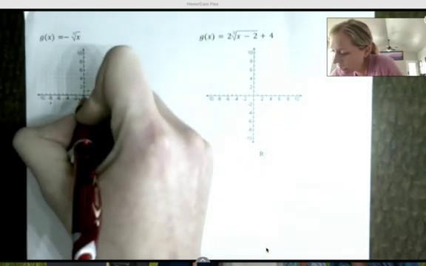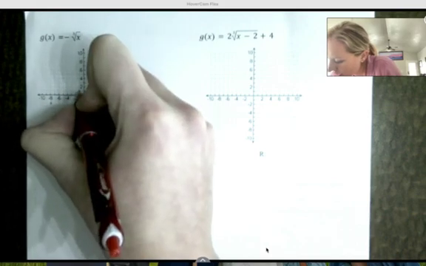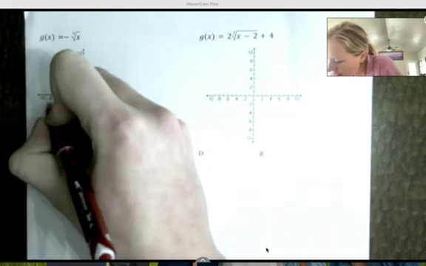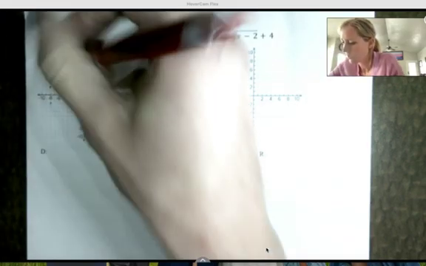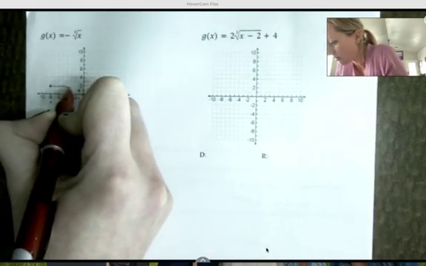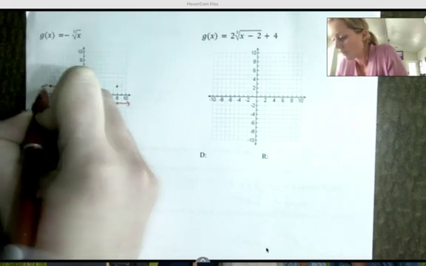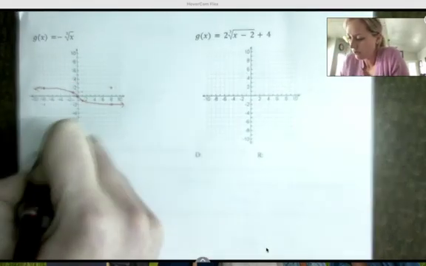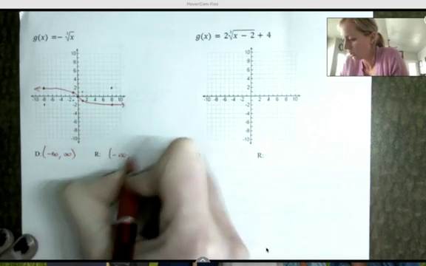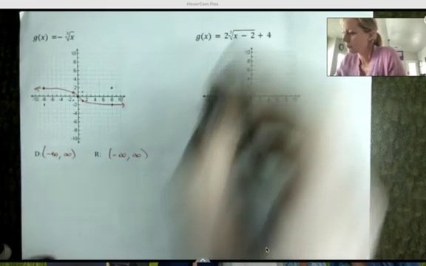So this one stays, this one goes to here, this one goes to here, this one bumps down here, this one bumps up here. It still has the same kind of shape, but now going from left to right, it's going the opposite direction of where it was. And we know for any cube root function and cubic function, our domain and range are both all reals.